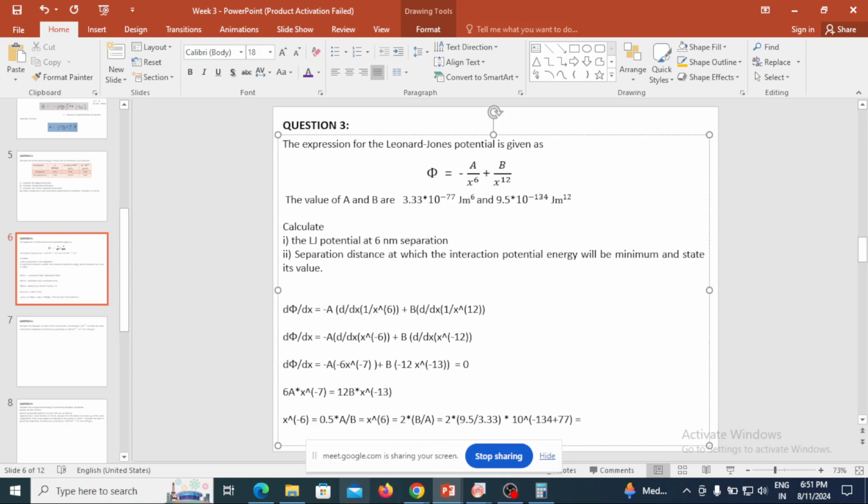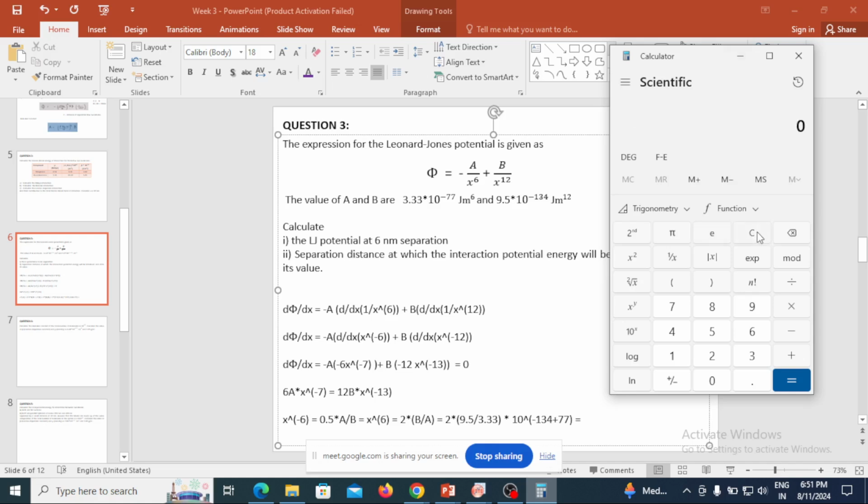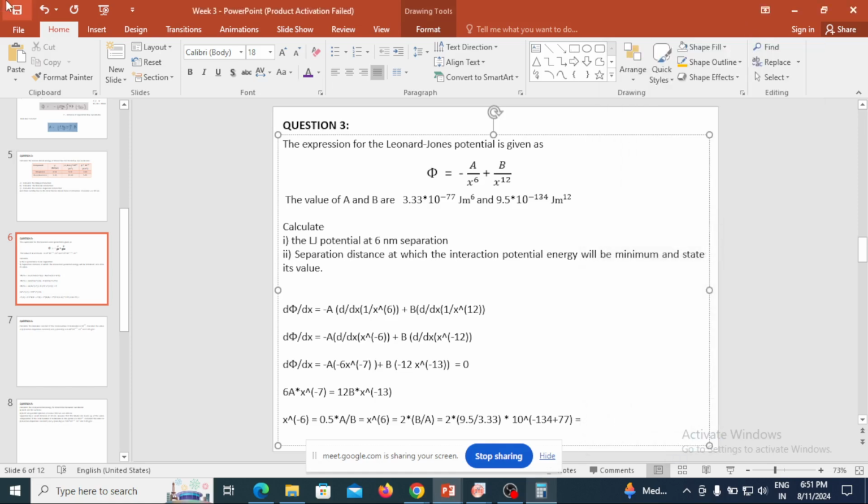So that will be 9.5 divided by 3.33, 2.85. So 2 times 2.85 times 10 to the power minus 57, since minus 134 plus 77 is minus 57.